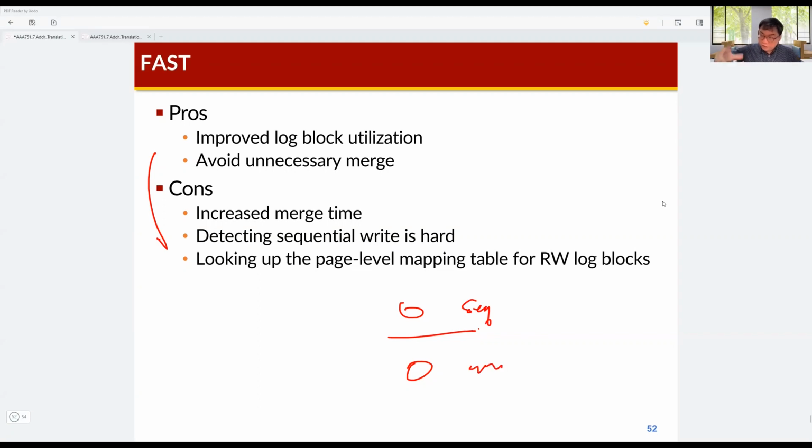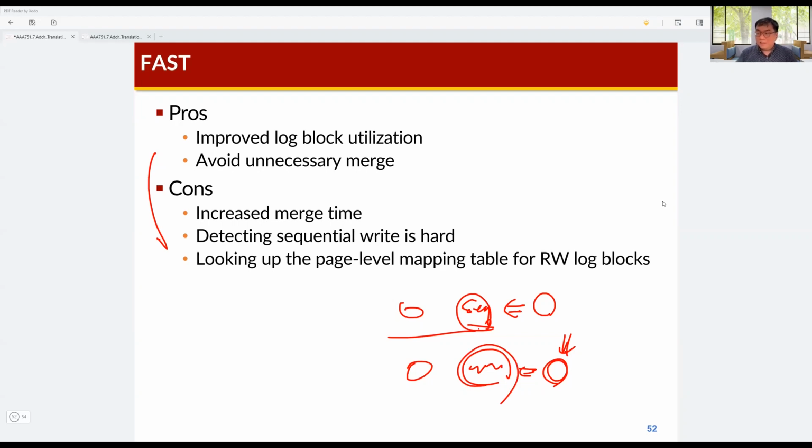So we need to distinguish the different kinds of access patterns. And after that, we can apply specialized ideas for different kinds of workloads, like sequential write or random write, with other approaches for random write.